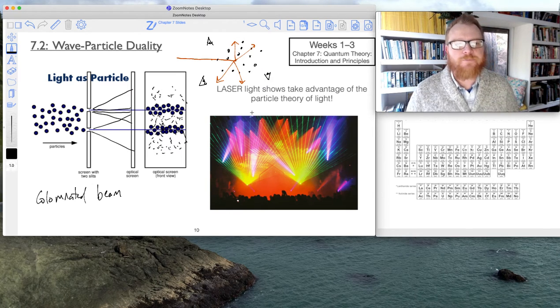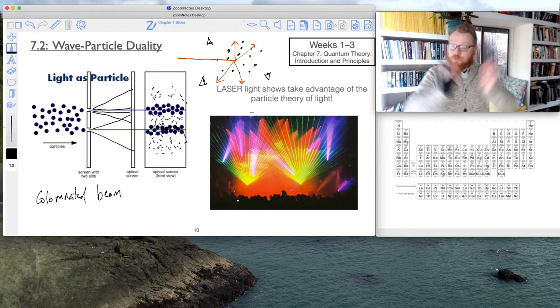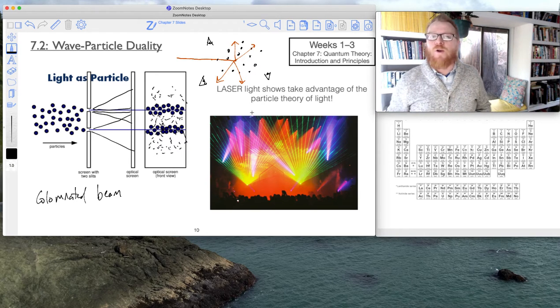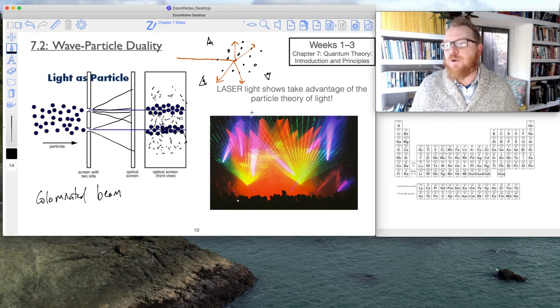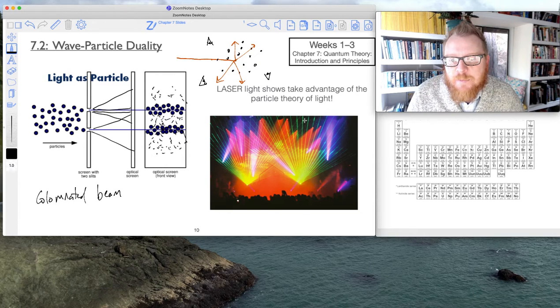Here's an observer. What we see from these beams scattering all around as they collide with these smoke particles is we just see the collimated beam. Okay? If we didn't have any smoke particles in the air, we would not see this collimated beam.